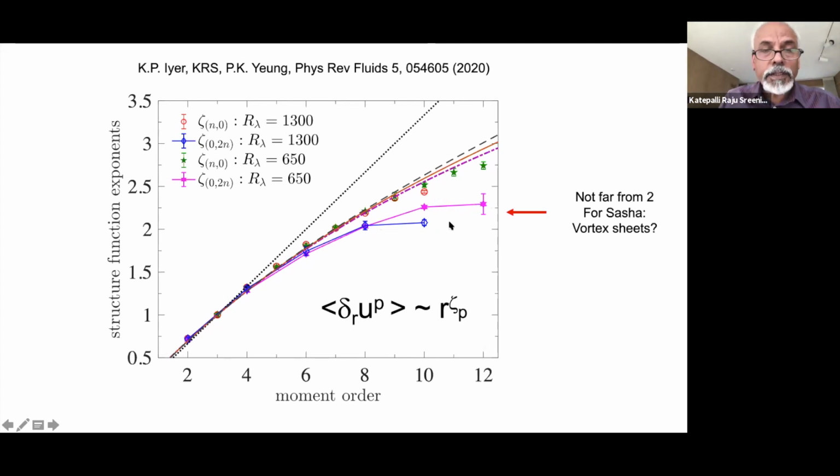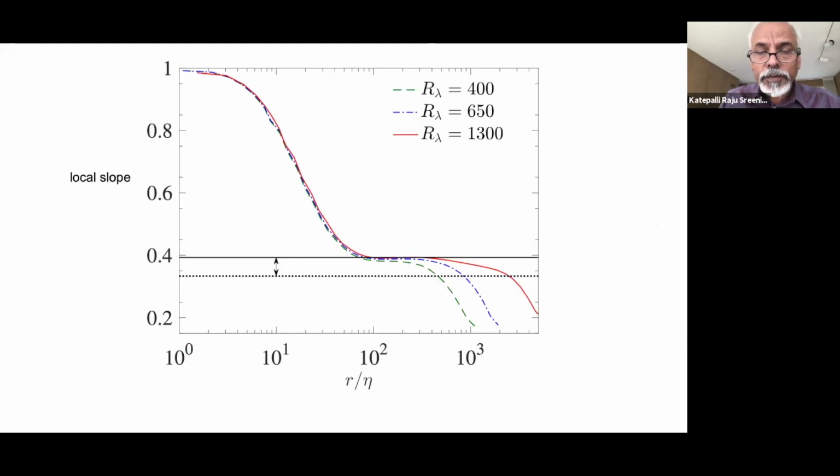And after we saw that, oh, by the way, one part of discomfort in all of this is that even at the highest Reynolds number we have considered, which is really very large, because remember, the large scale Reynolds number is proportional to the square of this, the scaling range is not very, very large.